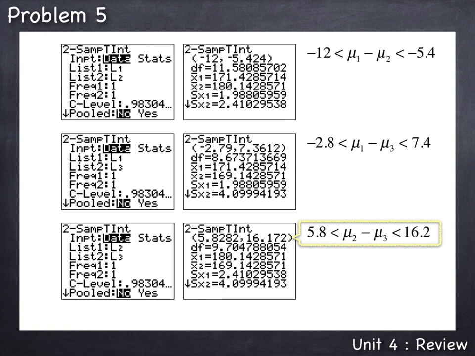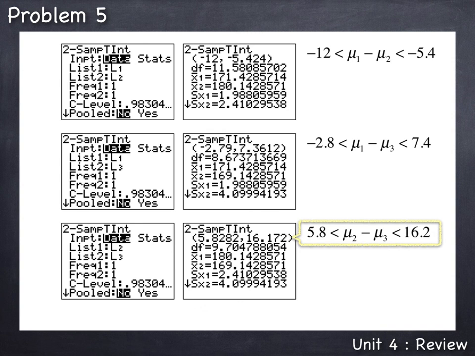Now that we have our third pairwise comparison confidence interval calculated, we can then interpret this result. Here we're interpreting the difference between mu2 and mu3, that is between the McDonald's and Dunkin' Donuts mean serving temperature of coffee, is estimated to be somewhere between 5.8 and 16.2.